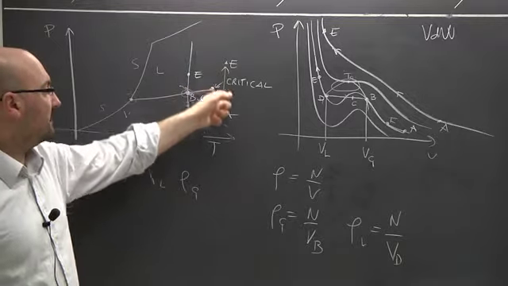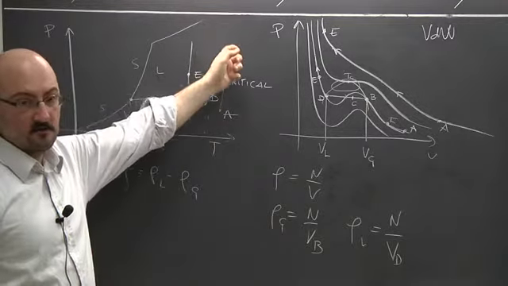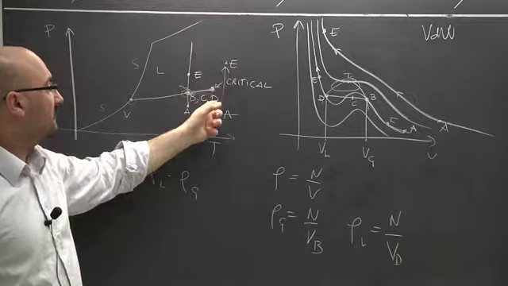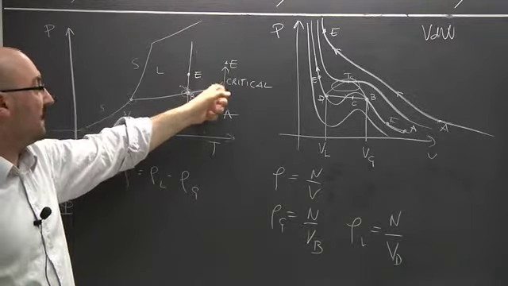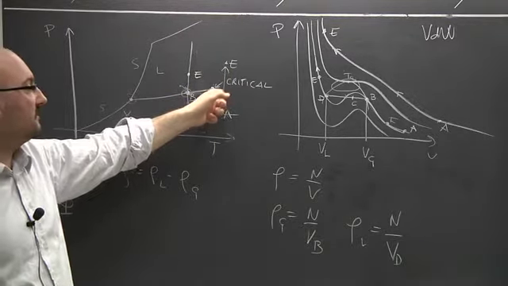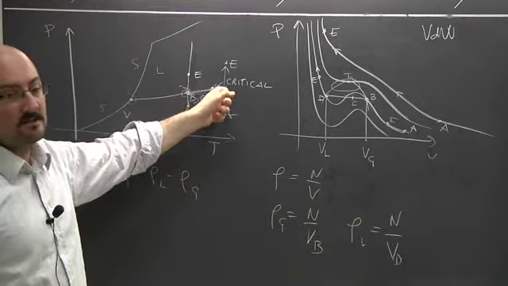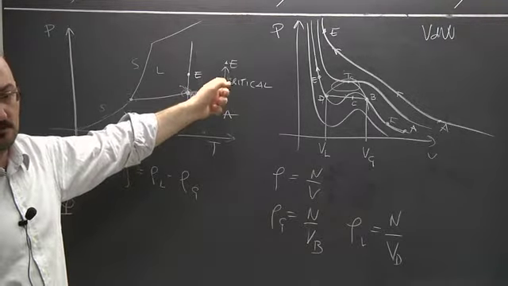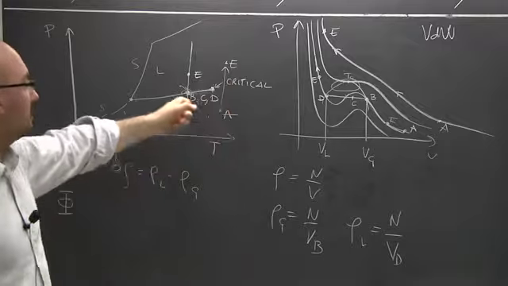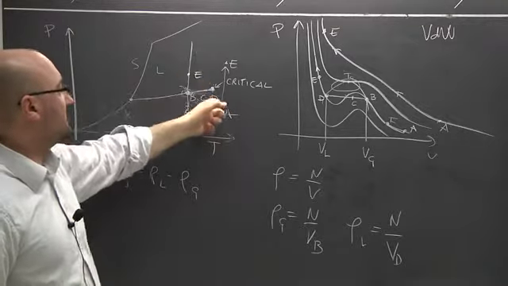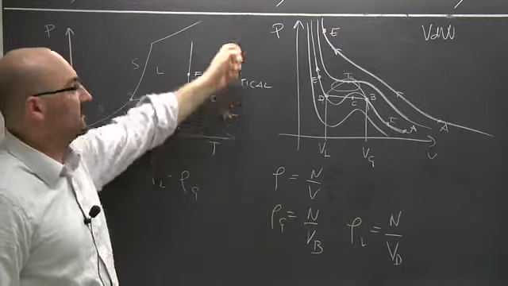At this point here, all the derivatives are continuous. Exactly at the critical point, we will see that the first derivative becomes continuous, but the second derivative has a discontinuity. So this is called the first order phase transition. This is called the second order phase transition. Here, there is no phase transition.